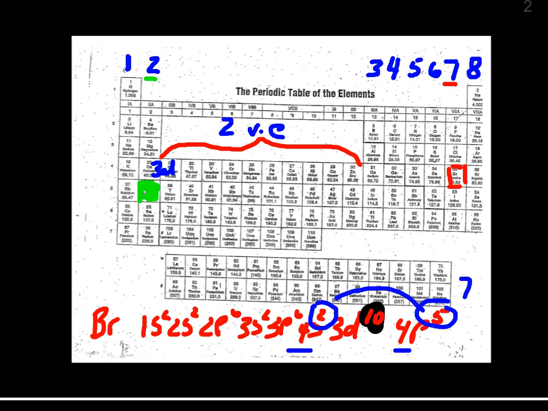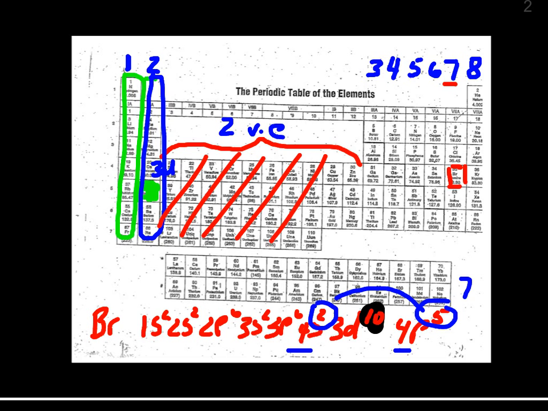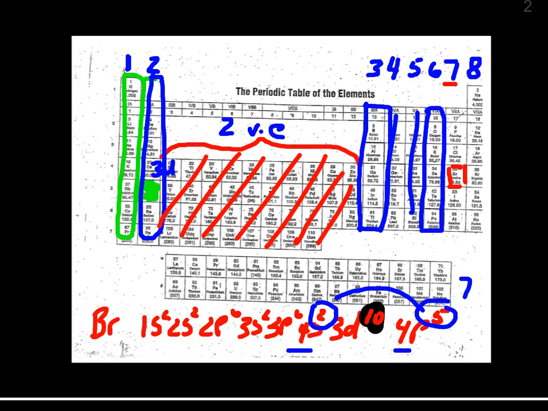So to get this right, alkali metals, right here, 1 valence electron. Alkaline earths, right there, 2 valence electrons. All of the transition metals, 2 valence electrons. Anybody in this column going down has 3, then 4, 5, 6 for the oxygen family, 7 for the halogens, and then finally 8 for the noble gases.